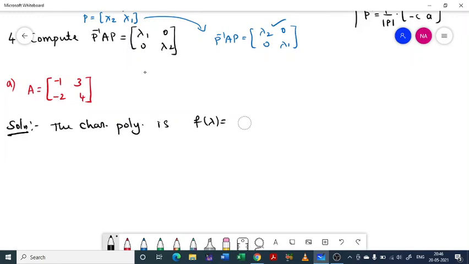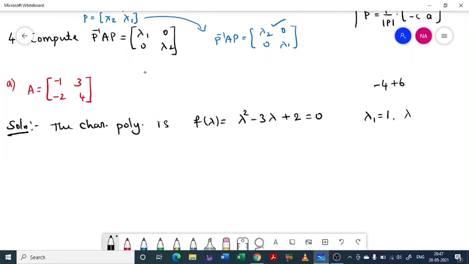Lambda square minus 3 lambda plus determinant of A. So determinant is minus 4 minus 2 into 3, there is one more minus, so plus 6. We will be getting 2 equal to 0. So lambda square minus 3 lambda plus 2 equal to 0, and you can factorize and simplify this. You will get roots of this equation as 1 and 2.